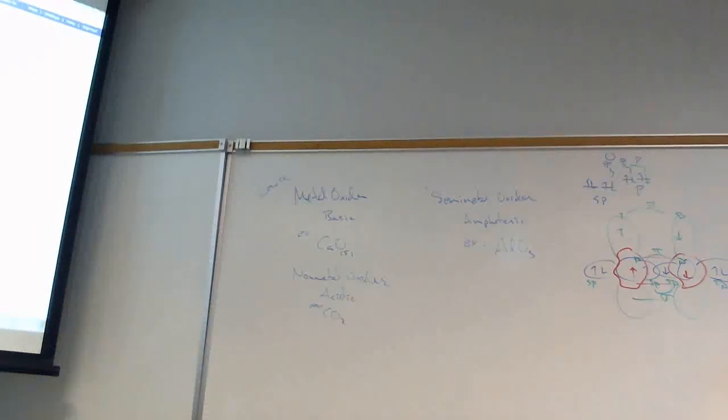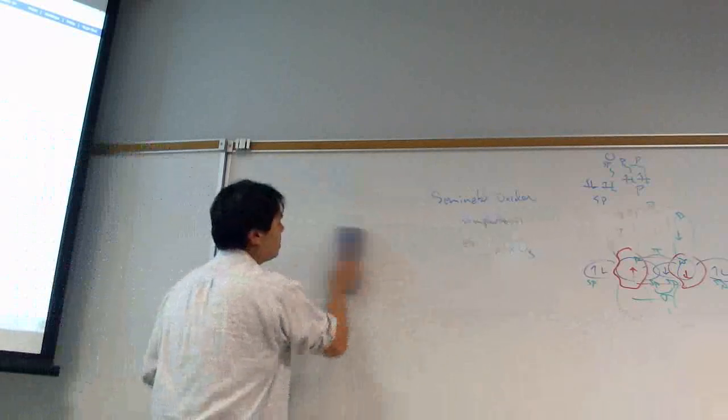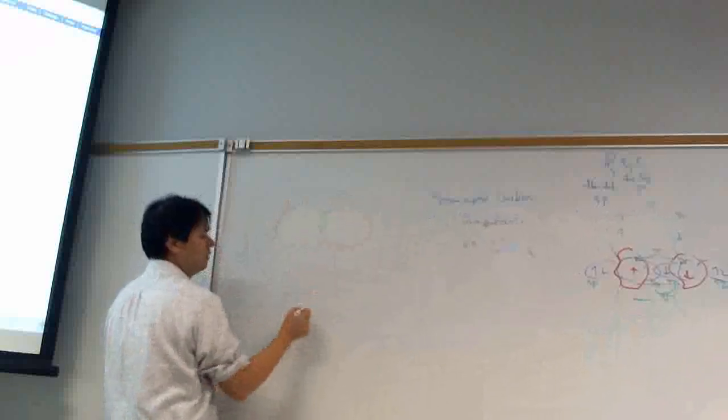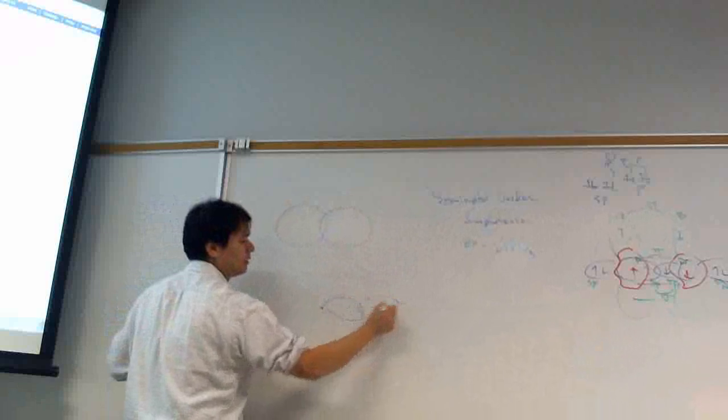What do you think is better overlap, just using atomic orbitals: a 2s overlap or a 2p overlap?